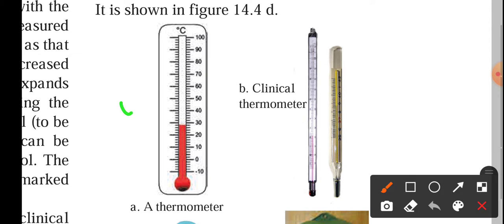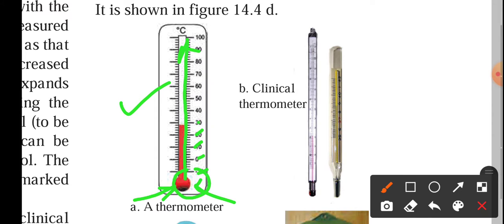When we talk about the normal thermometer, at the bottom it has a bulb-like structure in which the fluid is stored. Specifically, we are using mercury in this, and as the heat is received by this bulb, the liquid mercury starts to expand in the capillary tube inside the thermometer.